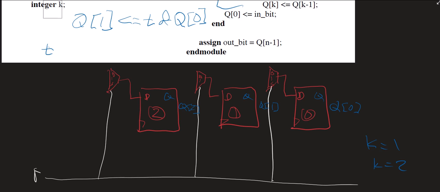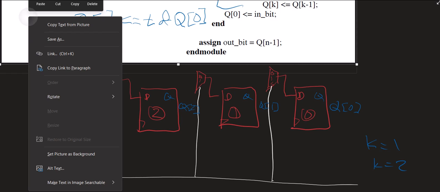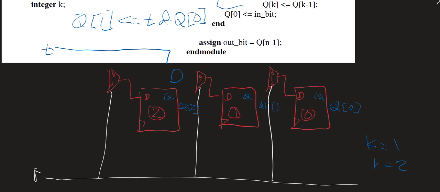So Q1 becomes T and Q0. So I'll have an and. And I have the T going into the and, I have Q0 going into the and, that's going into the 1 because it said if R, so if R is 1.